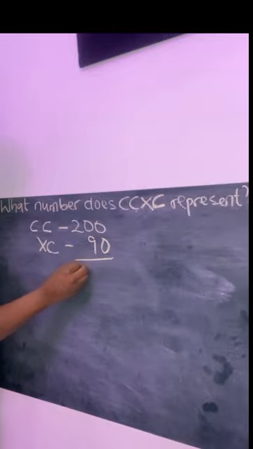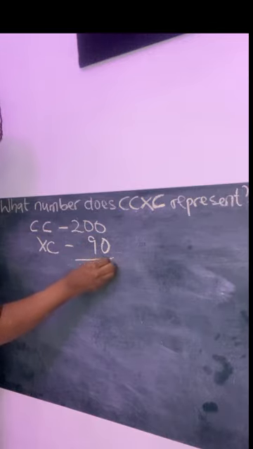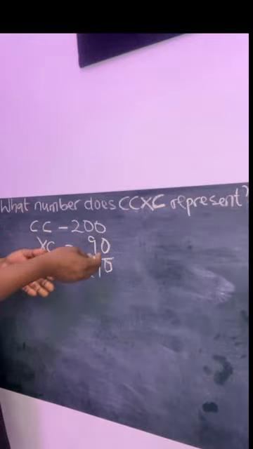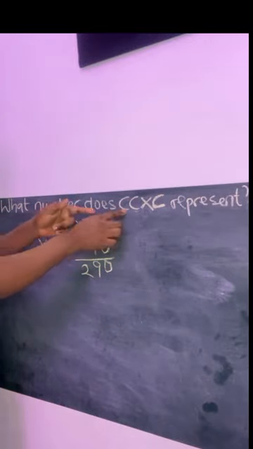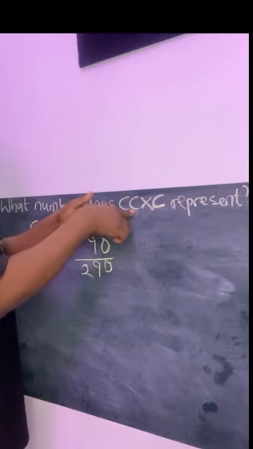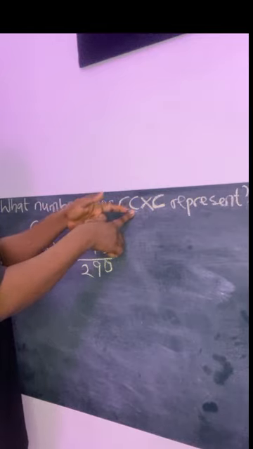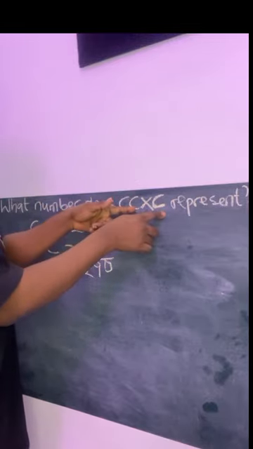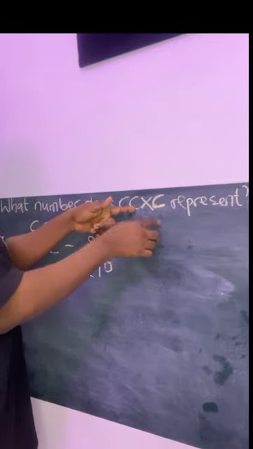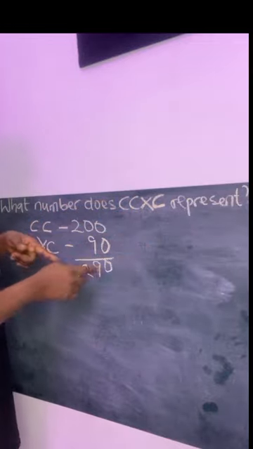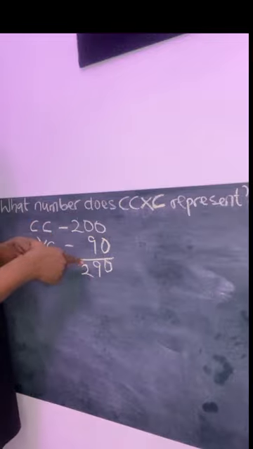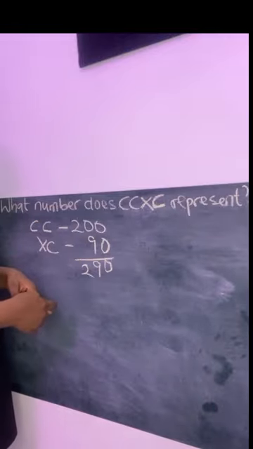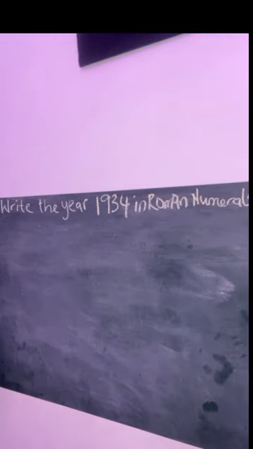So what do we have here? 290. Let's solve it straight from the question. C is 100 plus another 100, that is 200. 200 plus XC, remember, XC is 90. 200 plus 90 is 290.